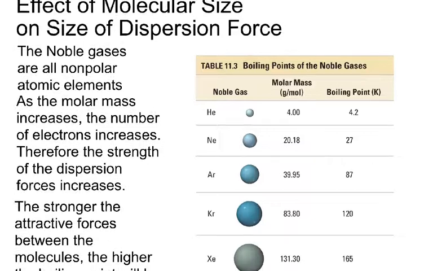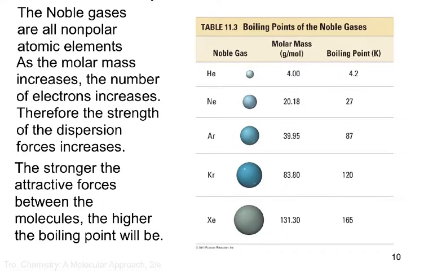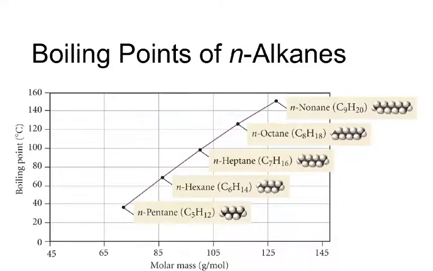We can look at that by looking at the boiling points. Like I mentioned, boiling point's a good way to look at it, of the noble gases. So as we increase in molar mass, our boiling point also increases. Because there are more electrons, they're able to shift more, and so we get higher normal boiling points as we increase our molar mass.